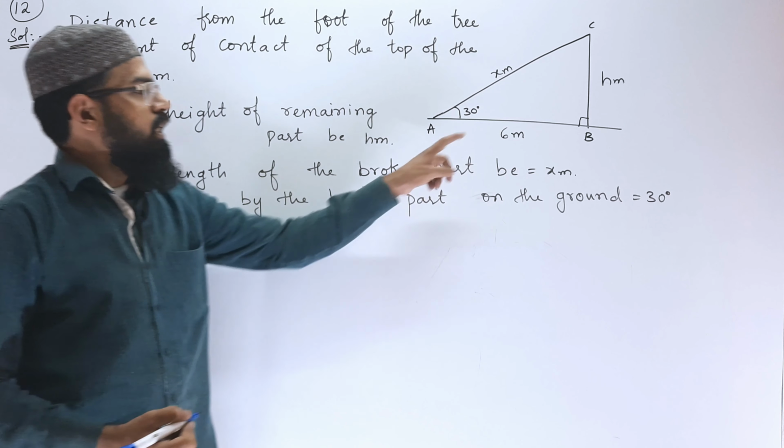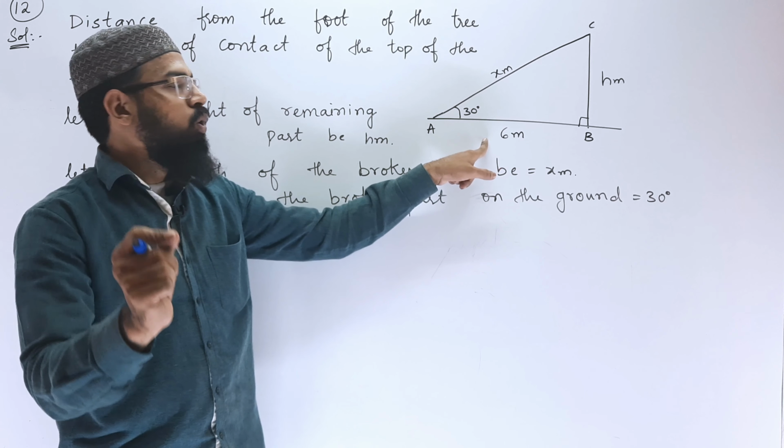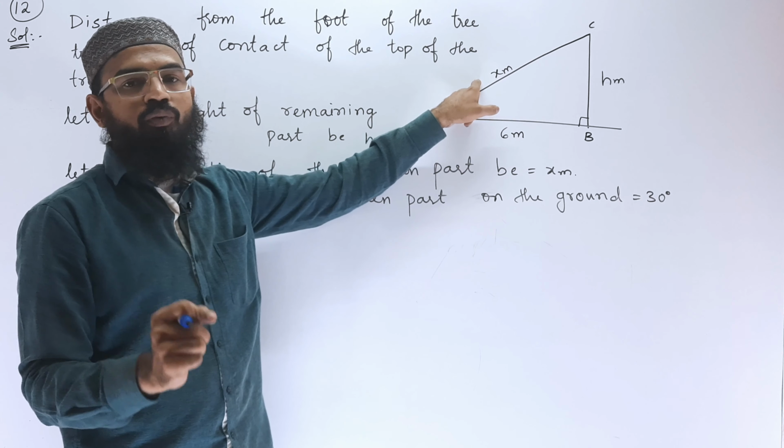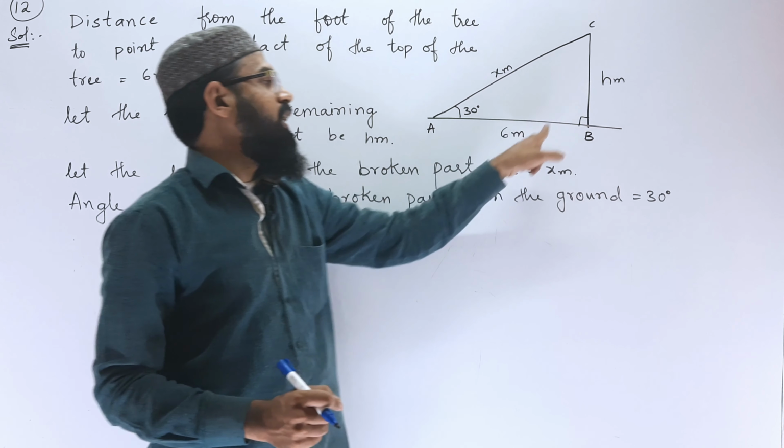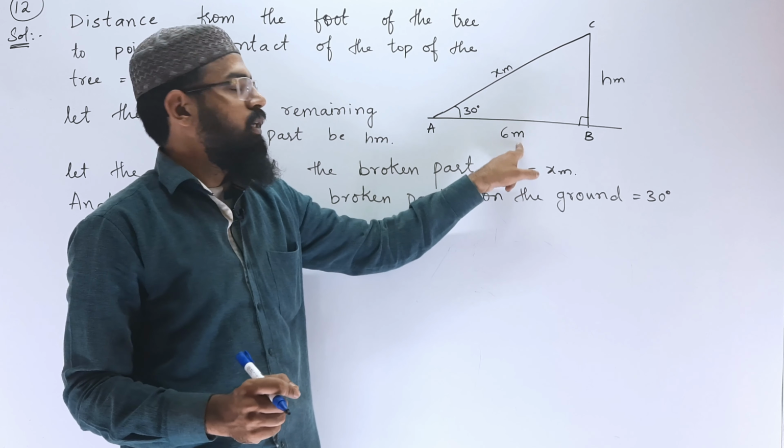Here we have to take one known and one unknown value. So for that, this is the adjacent and this is the hypotenuse. Here it is opposite and this one is adjacent. So opposite by adjacent, we can see this in tan.